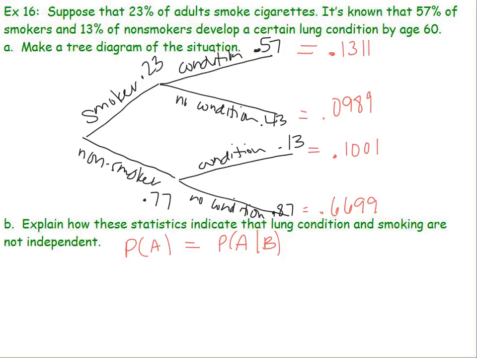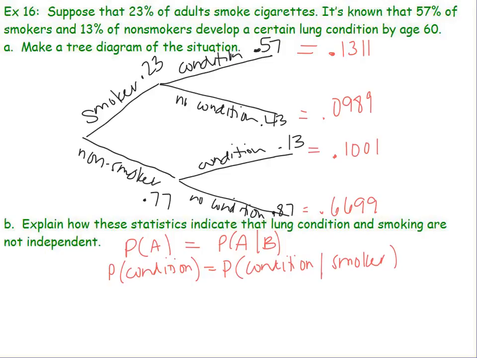So we want to decide, does the probability of having the condition equal the probability of having the condition given you're a smoker? So you have to make sure whichever one comes first is your given. So it's going after the bar. What comes after the bar is always the given.